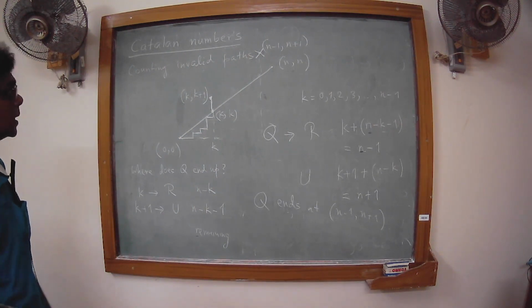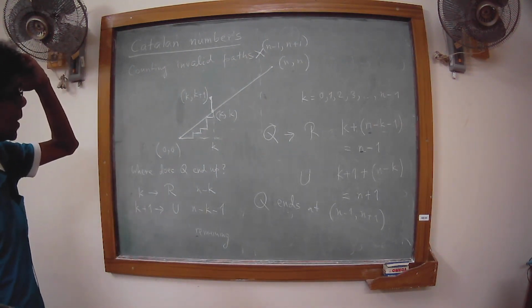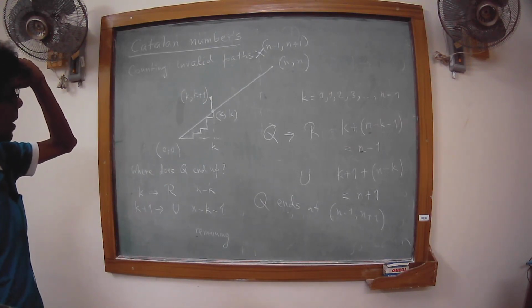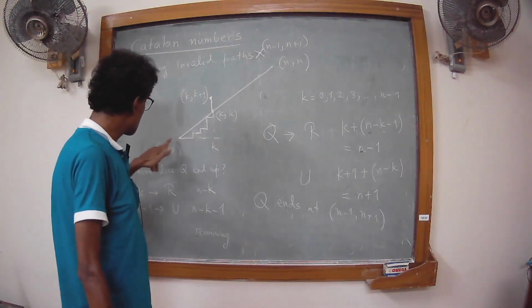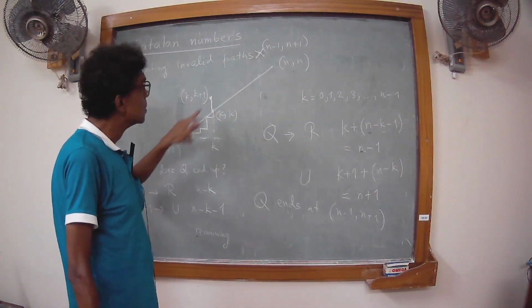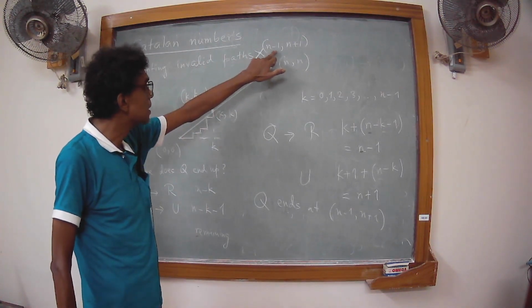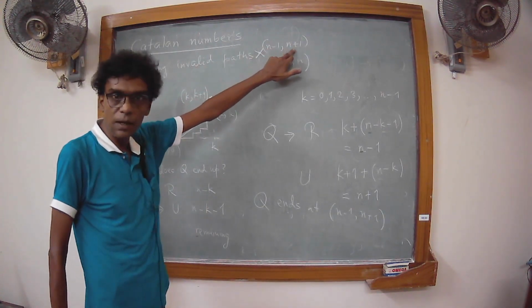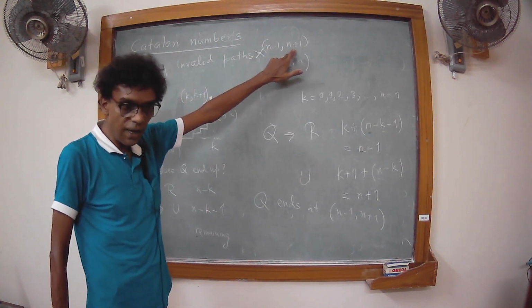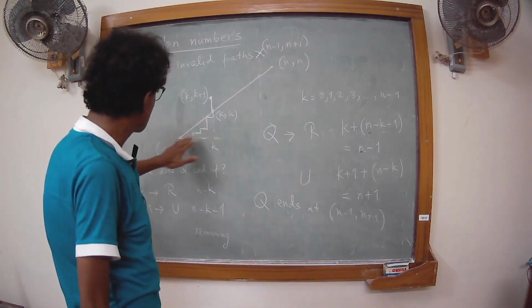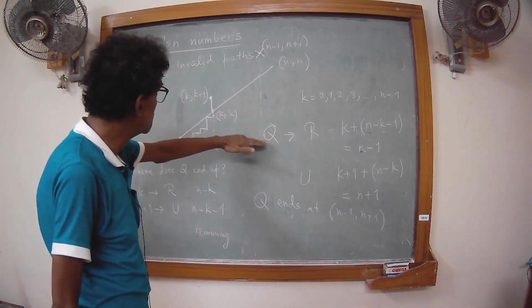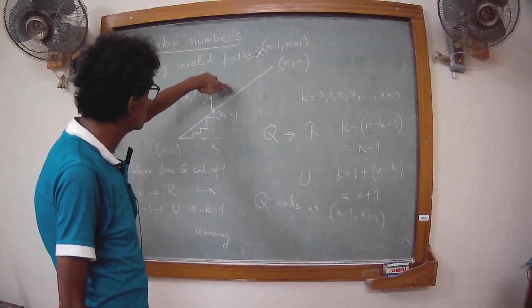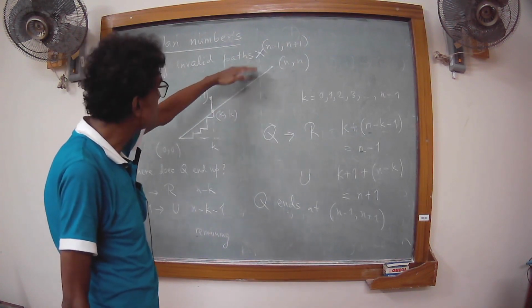Conversely, if we take any path Q starting from 0, 0 ending in n minus 1, n plus 1, then it is obvious that there must be some point where that path Q will cross this y equal to x line. It cannot otherwise go there.